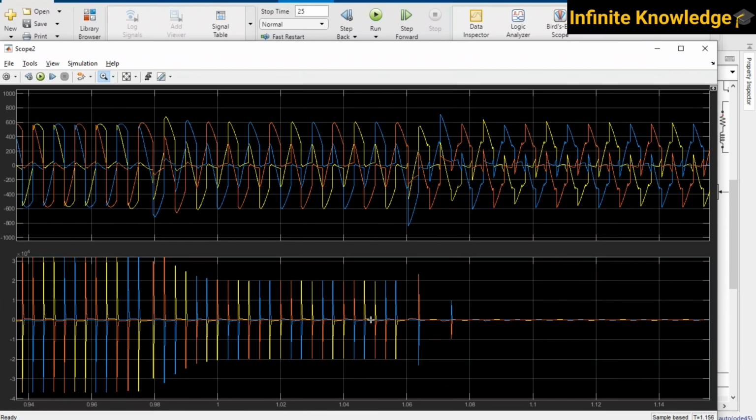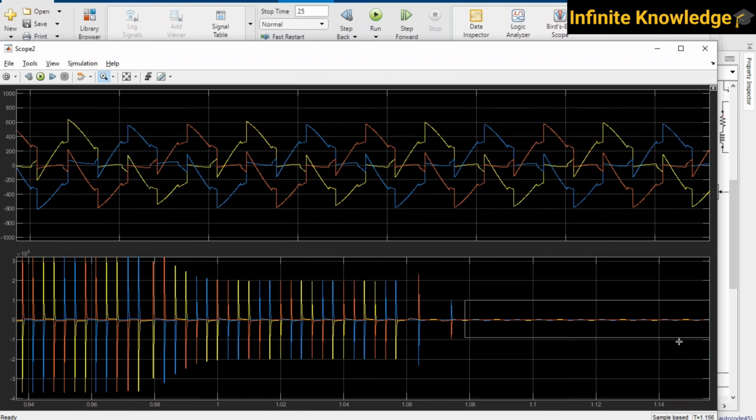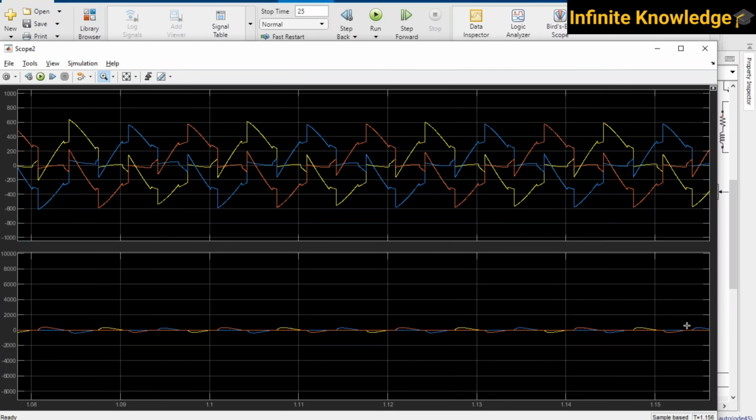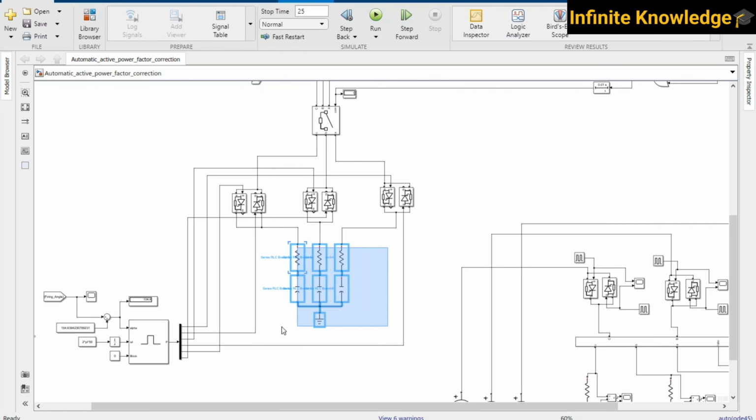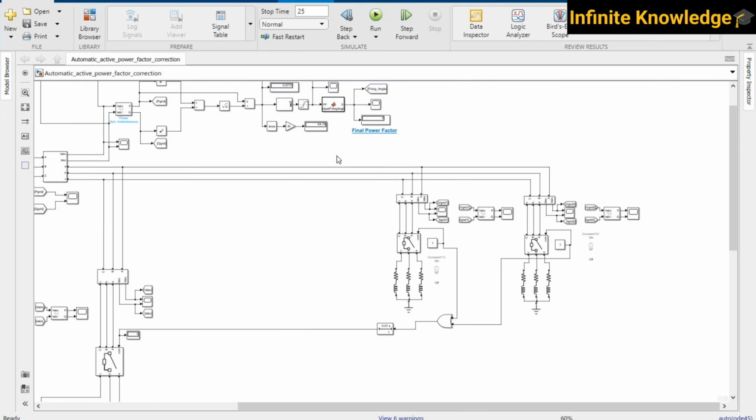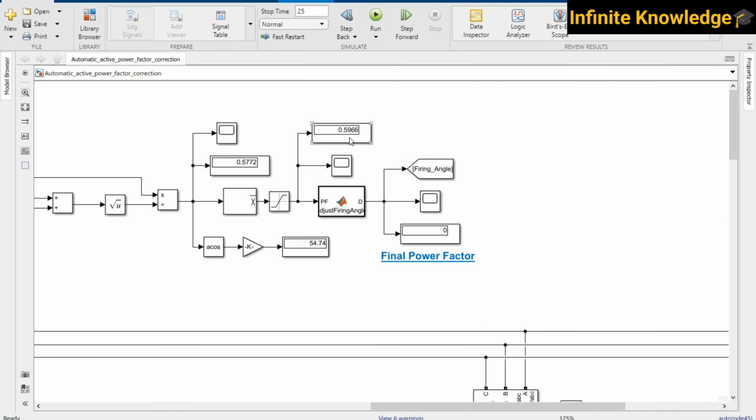That means you are not feeding any amount of power to your load. So that's why your power factor is again reduced to 0.5.